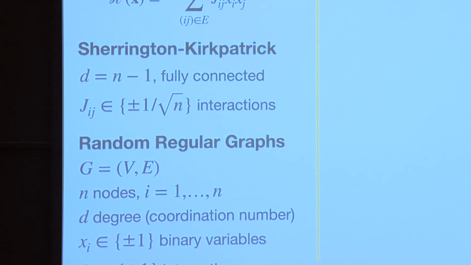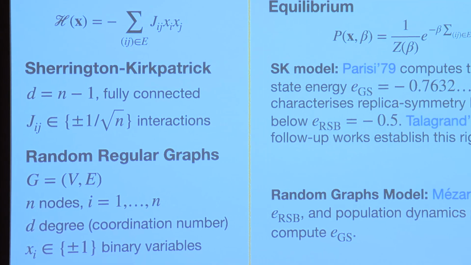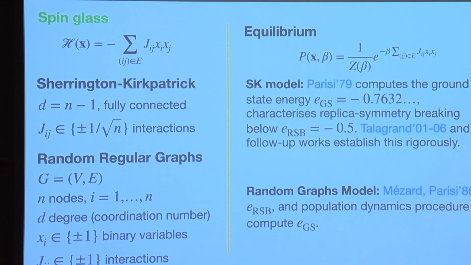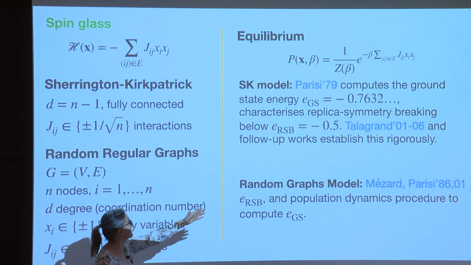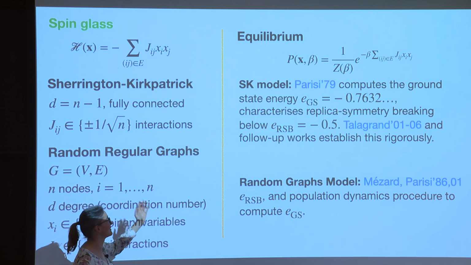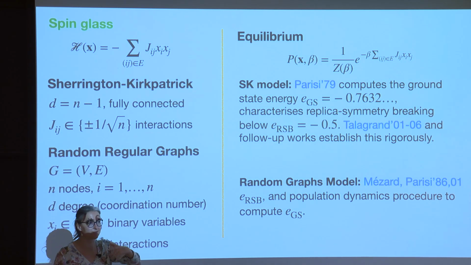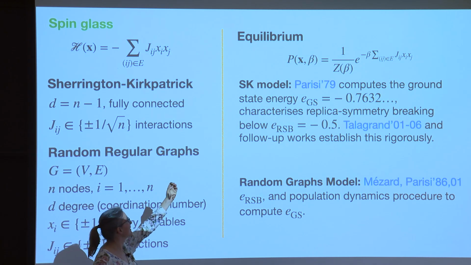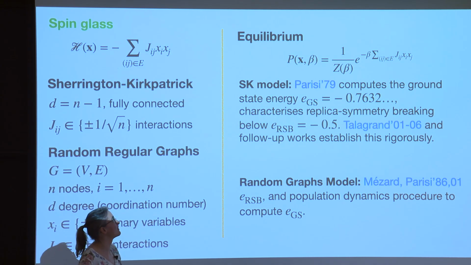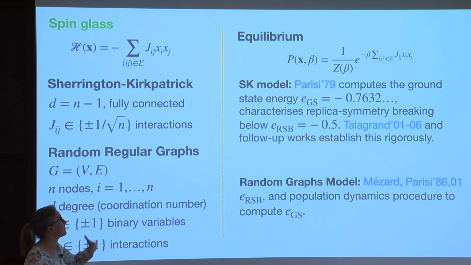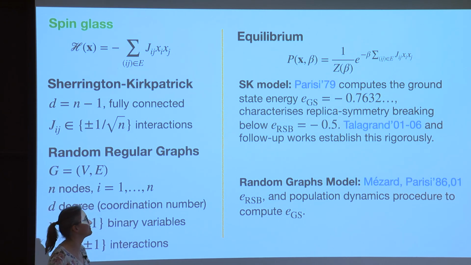These landscapes have been studied in many papers. Here I really just cite roughly 3 papers, but there are like 300. So we know a lot about the equilibrium. Equilibrium meaning that we study the properties of the probability measure above for generic values of beta. And that's in the Sherrington-Kirkpatrick model.